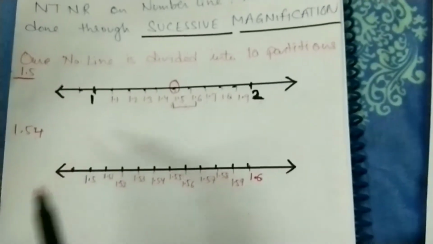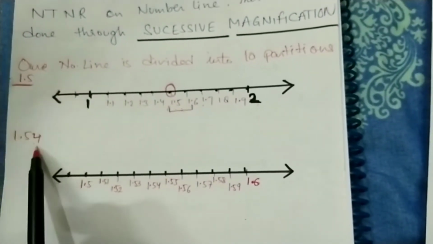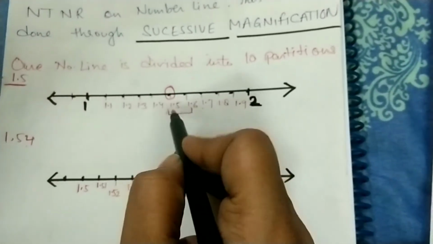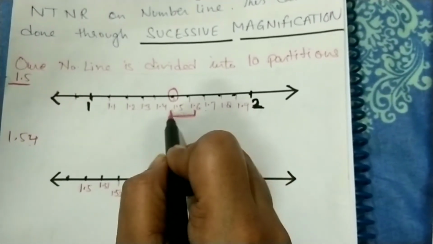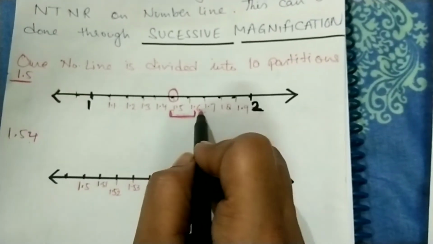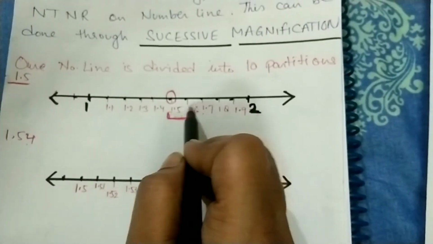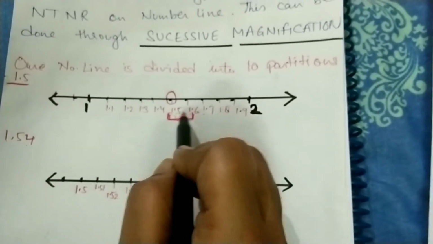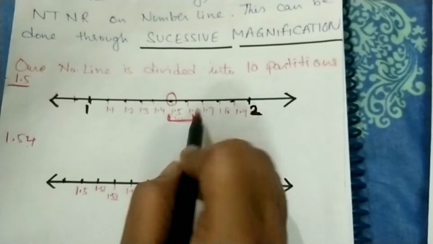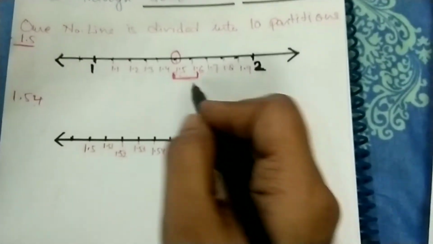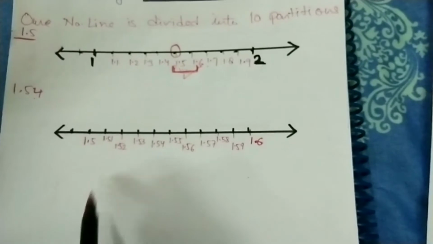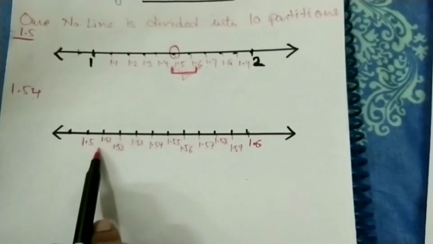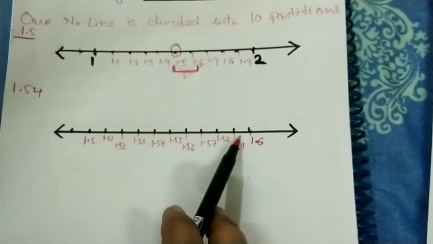Now if I say that you have to locate 1.54, then you can easily see that 1.54 will come in between 1.5 and 1.6, right? So we are going to magnify this. Now 1.5 and 1.6, we are going to divide into 10 partitions.